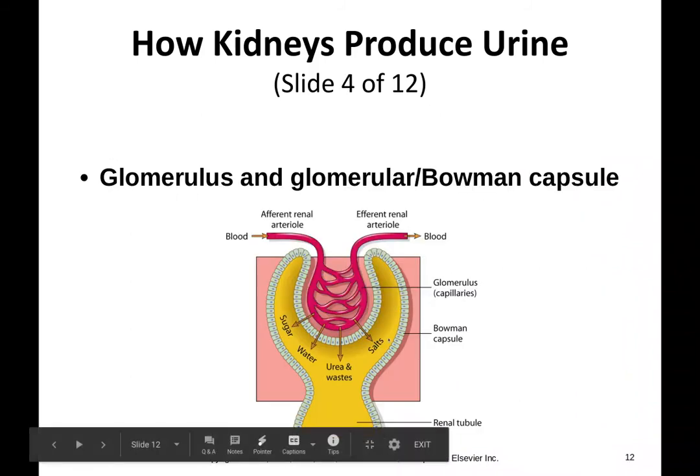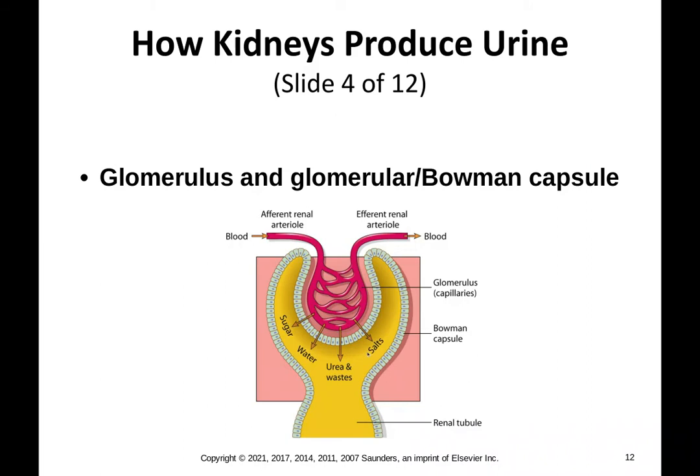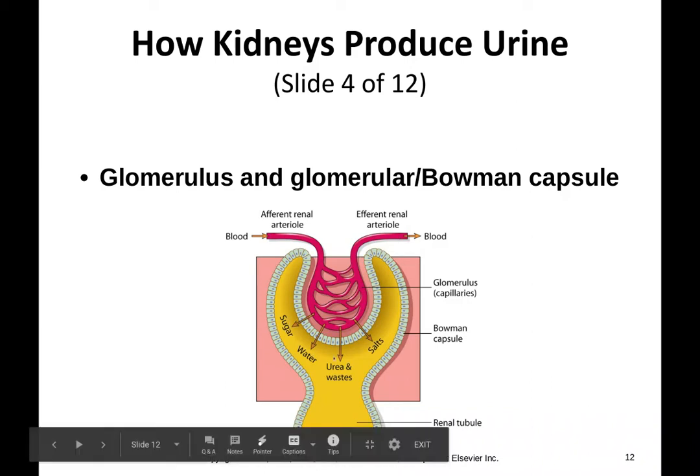So here's an illustration of the Bowman capsule, the glomerulus, or the capillaries there. Afferent, meaning the blood coming into the glomerulus, and then efferent, meaning that it's flowing away from it, and then the filtering out of the sugar, water, urea, and other wastes and salts into the renal tubule.